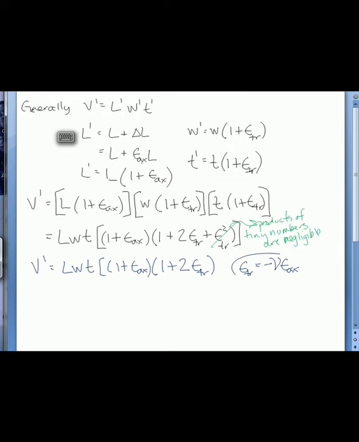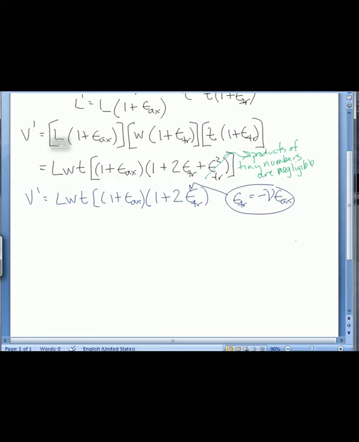So we can use this here. So we now have our new volume cast in terms of just the axial strain. We can rewrite and do just a little bit of algebra.